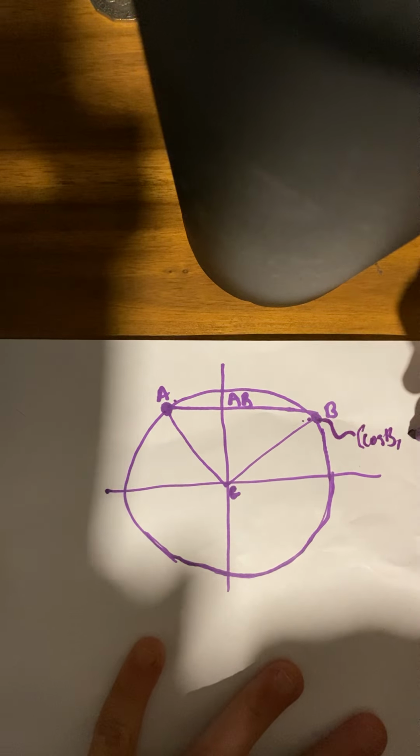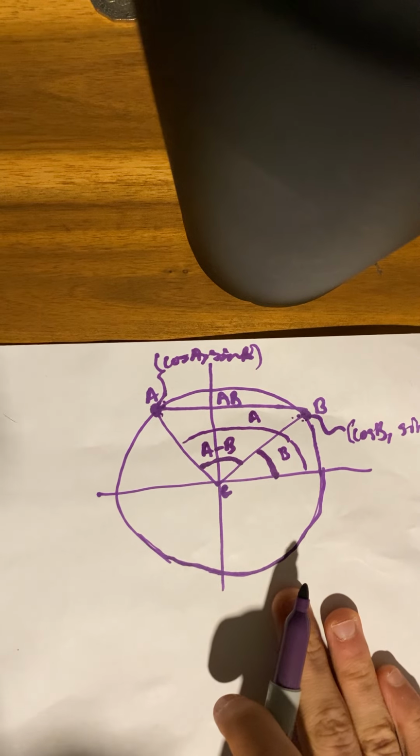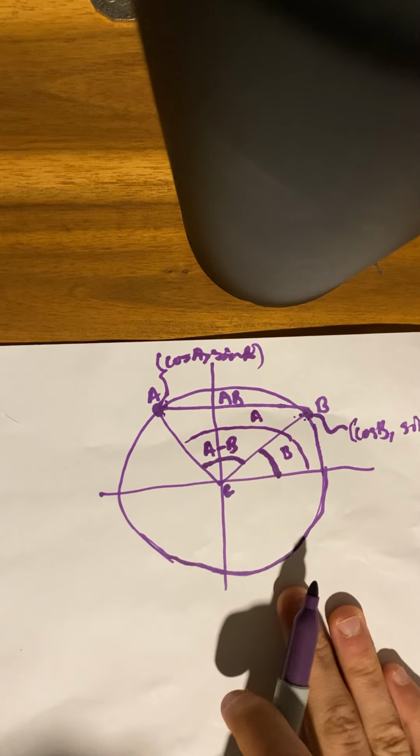So the first thing I want to do is find this length AB two ways, and I'm going to do that using the cosine rule and also the distance formula. So the first thing I'm going to do is utilize the cosine rule.